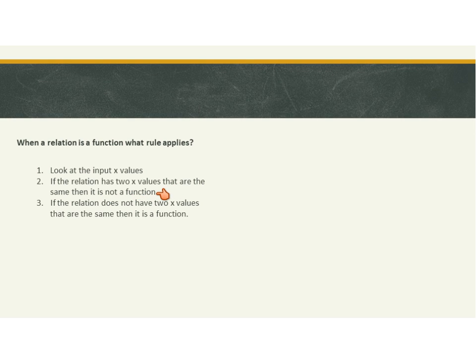If the relation has two x values that are the same, then it is not a function. If the relation does not have two x values that are the same, then it is a function. That's the rule that we're looking for. Please make sure you've got this down because this is a DBA question. Let me know when you've got it copied down.